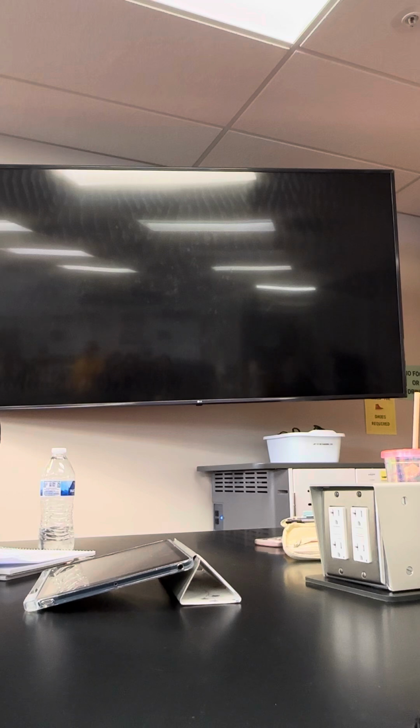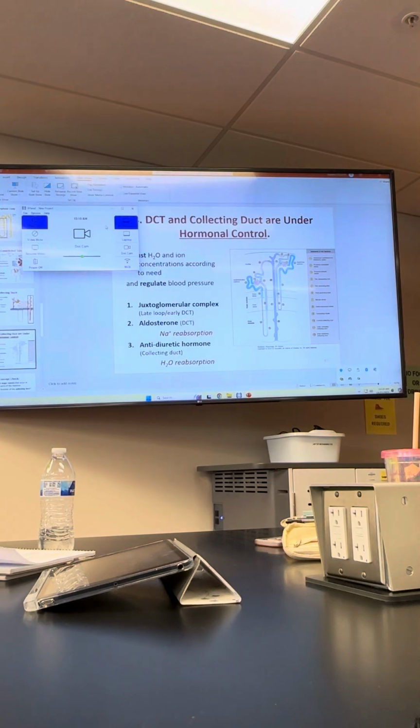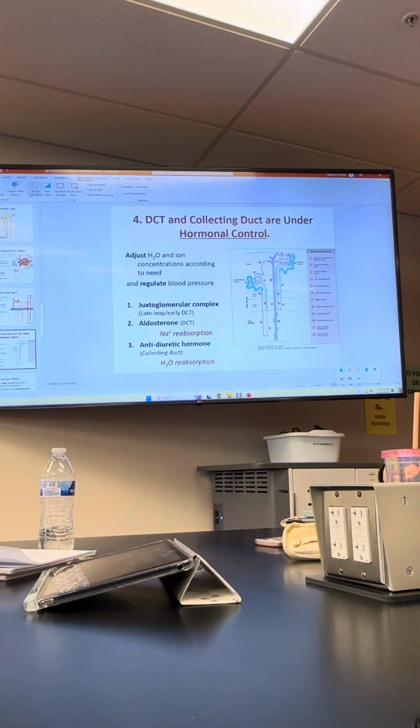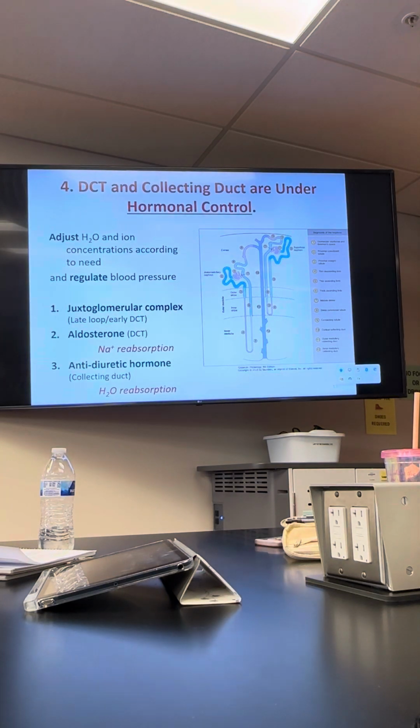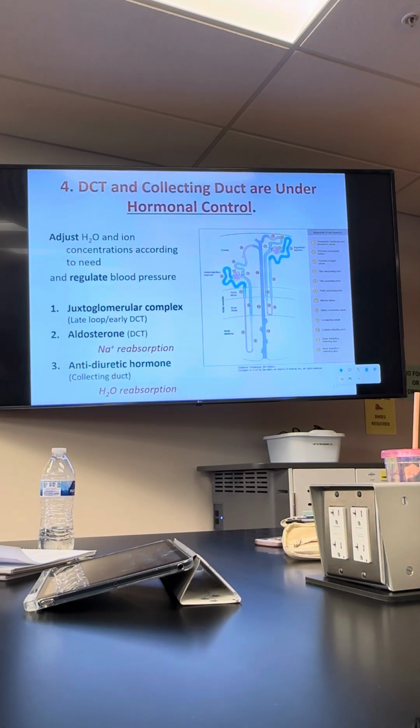It's an idea that you may not realize you already know, but it's there. So more ADH means less water in your urine, right? More ADH means less water in your urine.